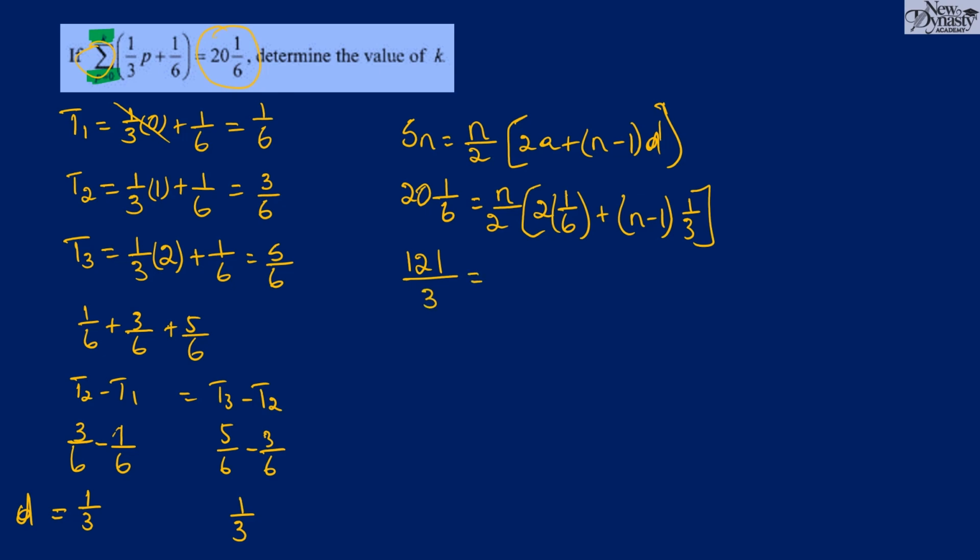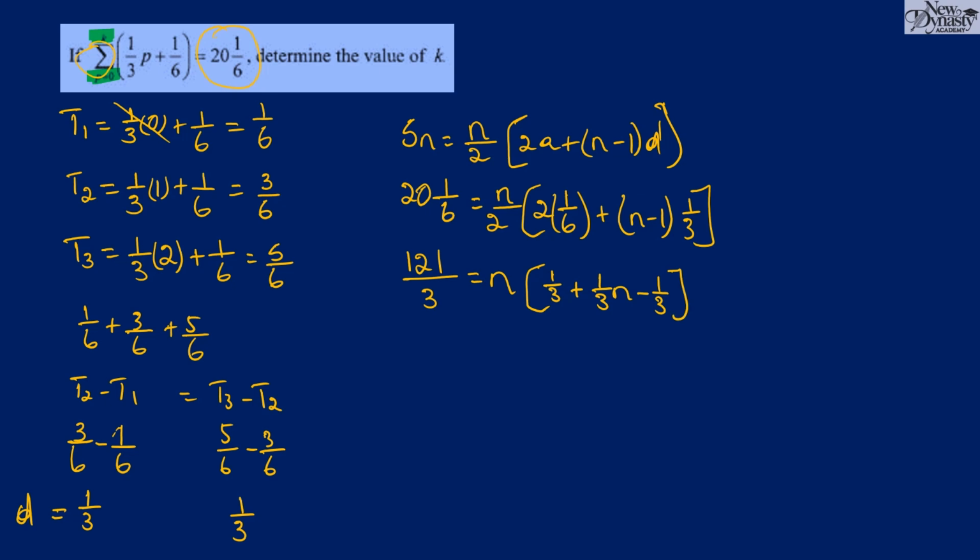Then you'll be left with n, because the 2's will cancel, and simplify inside the brackets. 2 multiplied by 1 over 6 gives us 1 over 3, plus n times 1 over 3, that is 1 over 3n, and you've got the negative sign there. So negative 1 times 1 over 3 is negative 1 over 3.